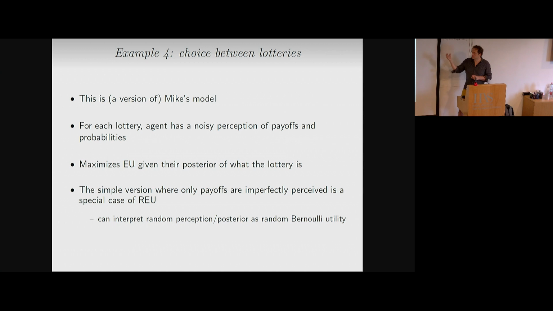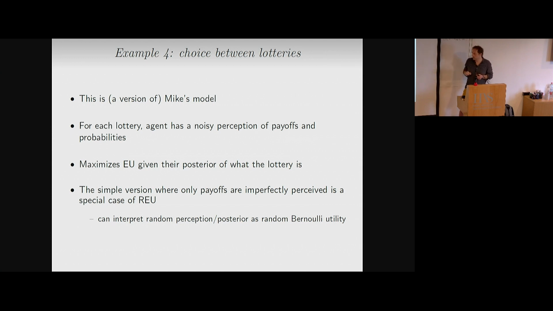Mike's model of choice between lotteries is also a special case of this. For each lottery, an agent has a noisy perception of payoffs and probabilities. They maximize expected utility given their posterior about what the lottery actually is. A very simple version would be where only the prizes are imperfectly perceived and the probabilities are perfectly perceived.